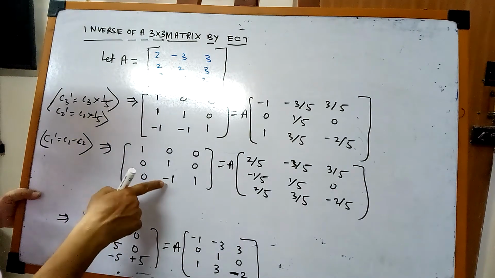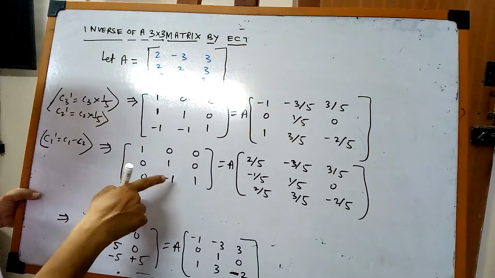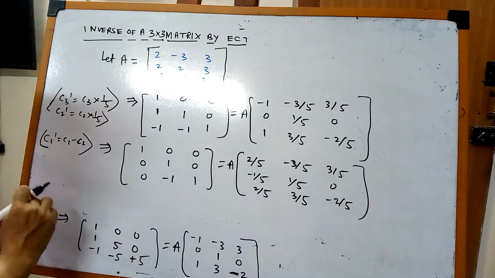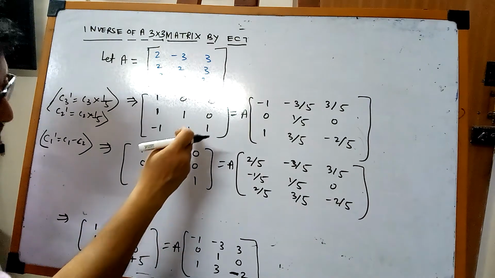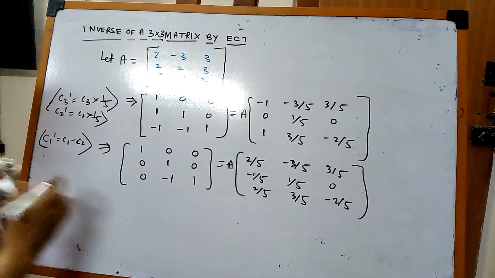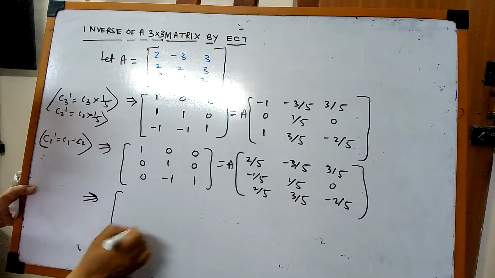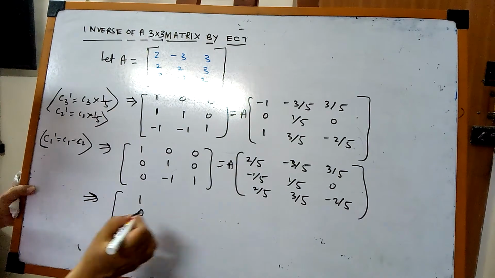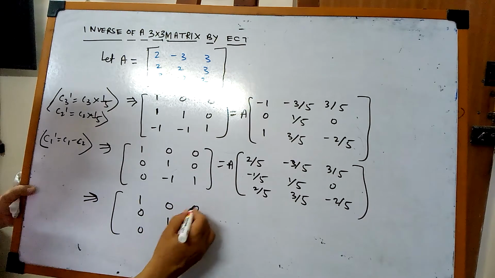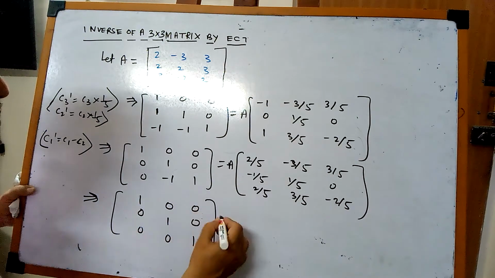We are just one more step behind the final step. Why? I haven't got 0 here. I need to get a 0 here, then it is done. How to get 0 here? You all can think. Just add this to this. So this implies that 1 0 0, adding this to this, 0 1 0, 0 0 1.